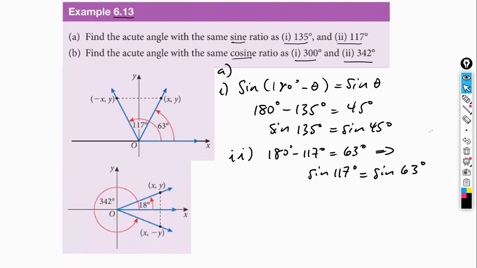For cosine, we have that the x values in the Cartesian plane are positive in the first and fourth quadrants.